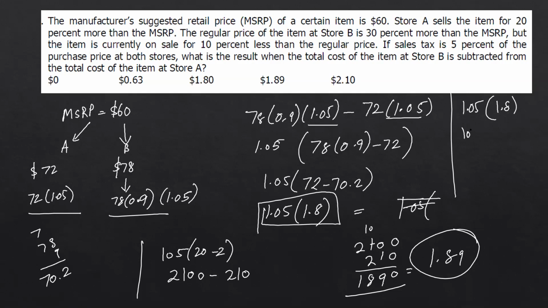I took it as 105 into 18, and I took it as 105 into 20 minus 2, which is 2100 minus 210, which came out to be 1890. Then I divided it by 1000 because of the 2 and 3 decimal places. So it came out to be 1.89. Okay, got it. Thanks.